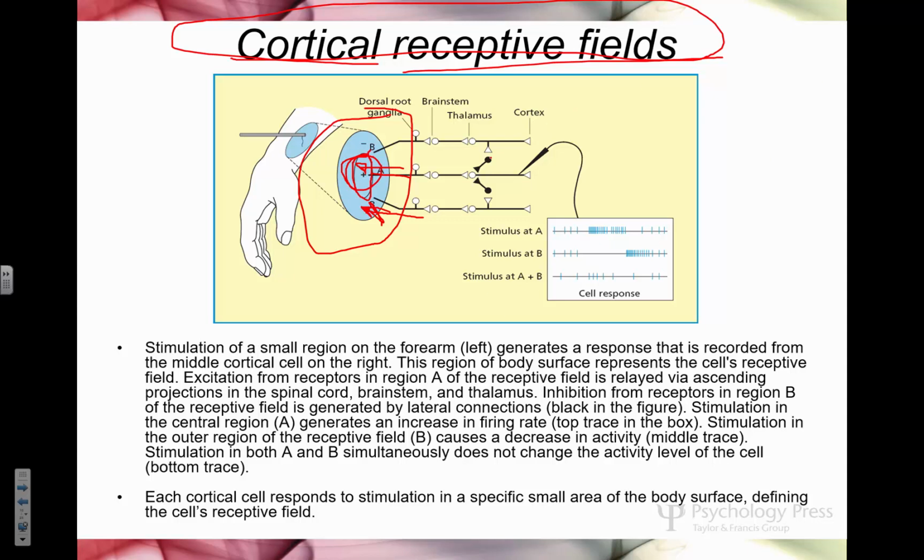But the basic idea is if we activate the center part, A, we get a lot of action potentials. If we activate the inhibitory surround area, we don't get a lot. And if we activate the whole thing, we reduce the activity, but we still get a little bit, because the positive and the negative counterbalance.